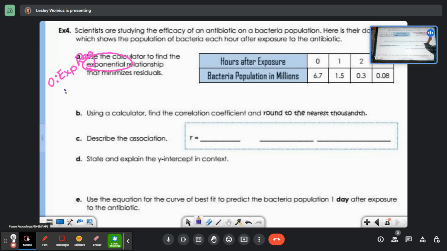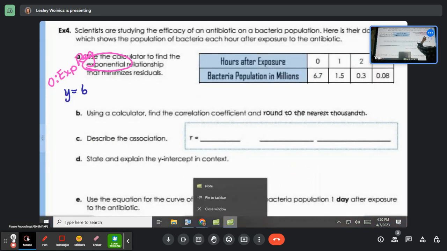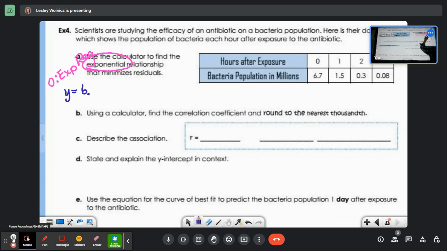Okay, so it was y equals 6.543 times 0.226 to the x.